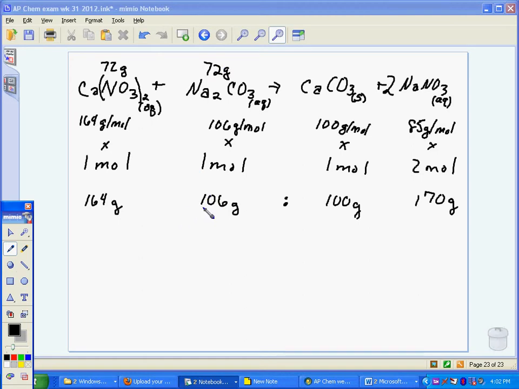So these are written in ratios of moles. Chemical equations are written in ratios of moles. So if I want to know the ratio of what I'm given, I can take what I actually have divided by my standard.